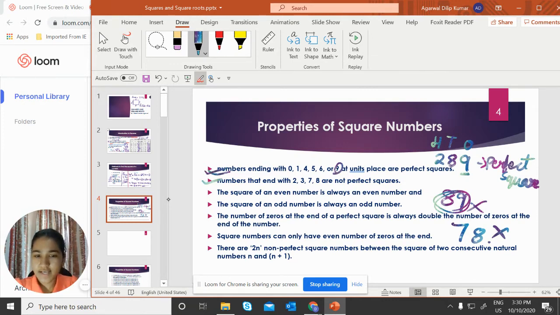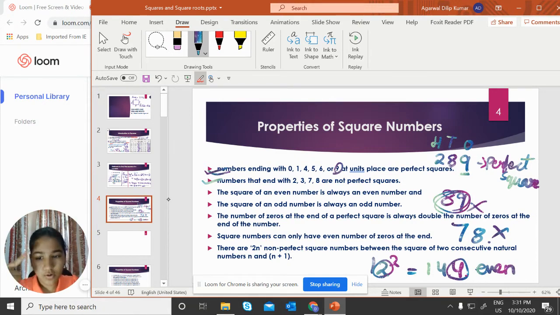The third property says that the square of an even number is always an even number, and the square of an odd number is always odd. Any even number you can think of whose square we can find? 12. Is it an even number? Yes. So 12 squared is 144, which is also even. So the square of an even number is always even.